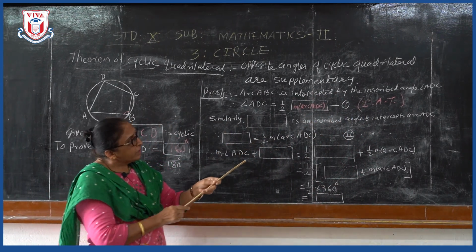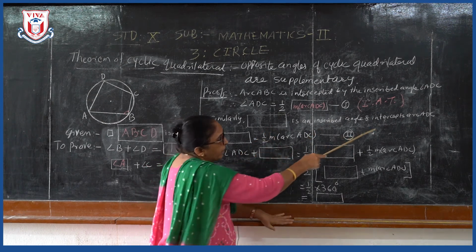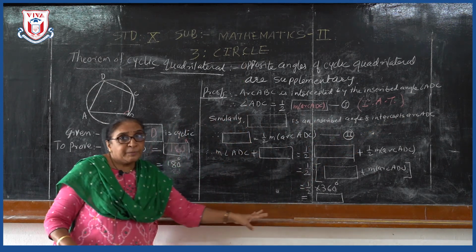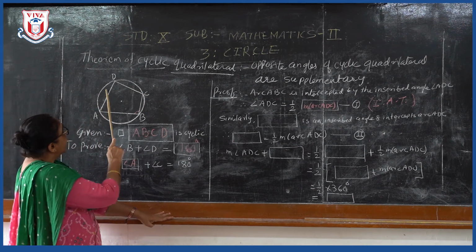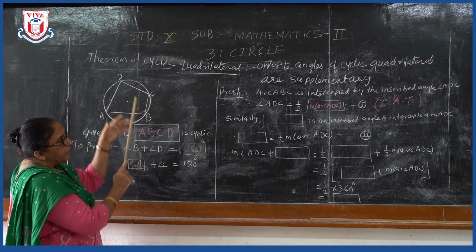Similarly, see, dash is an inscribed angle and the intercepted arc is ADC. Intercepted arc ADC, so which is the inscribed angle? ABC.